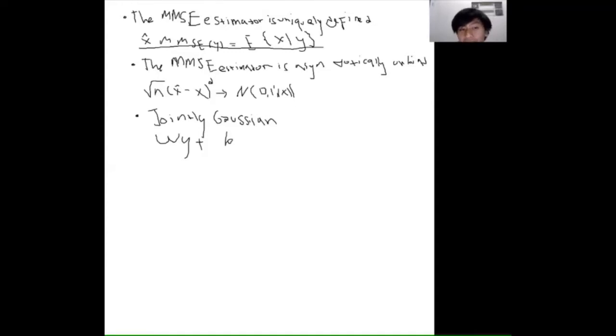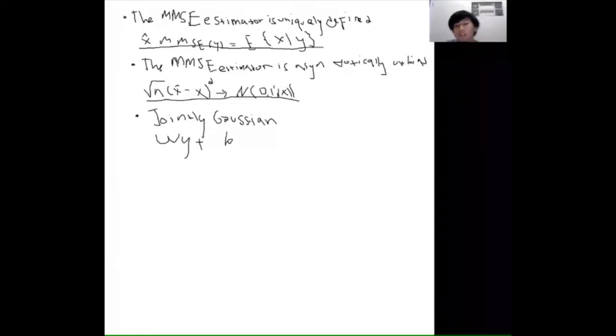It converges in distribution to the normal distribution, given by the formula square root of n times (x hat minus the expectation of x) converging in distribution to a normal with mean 0 and covariance I to the power of minus 1, where I is the Fisher information of x.